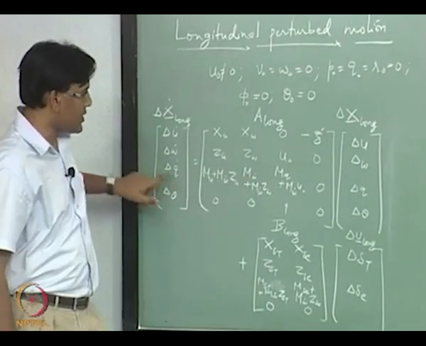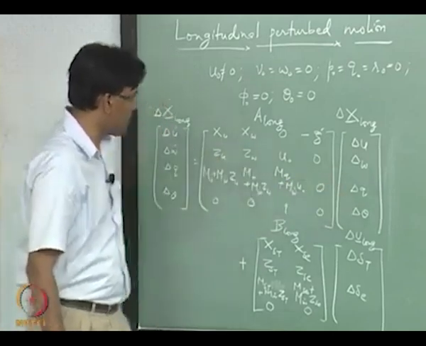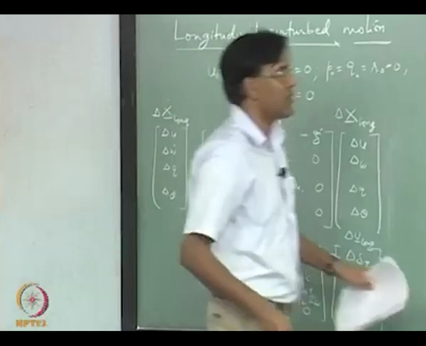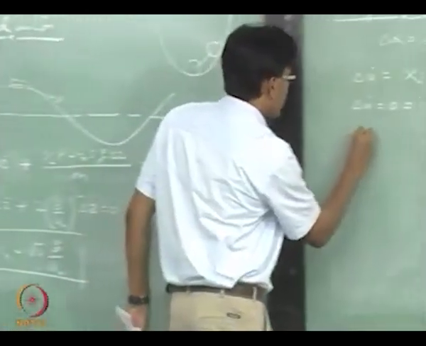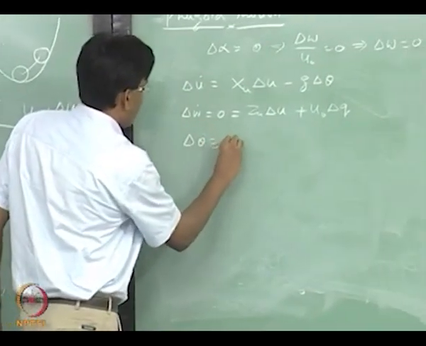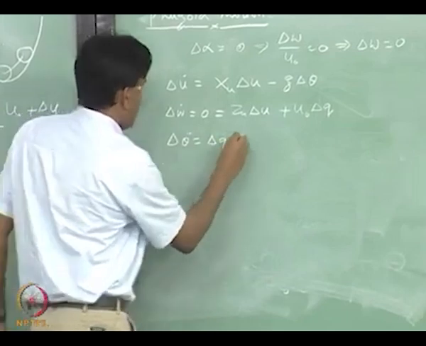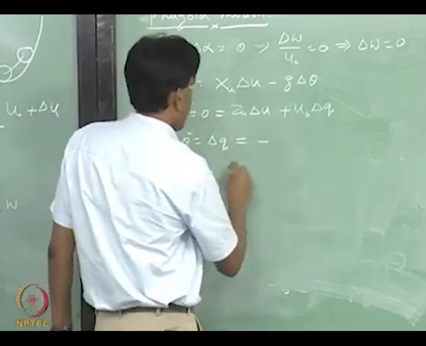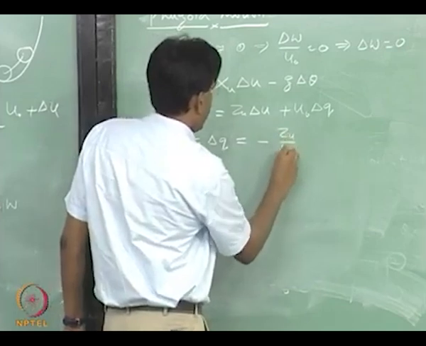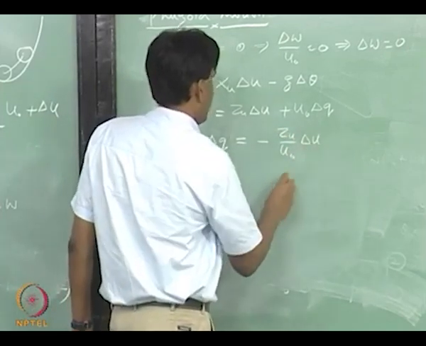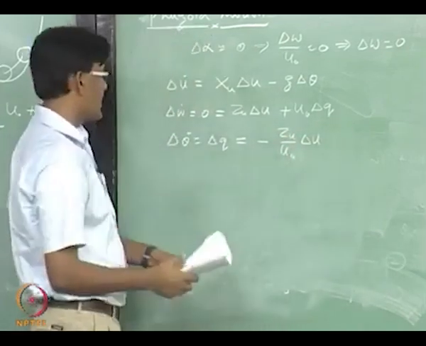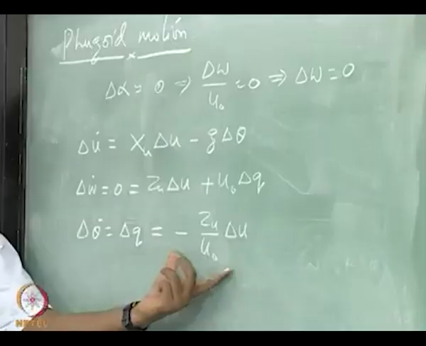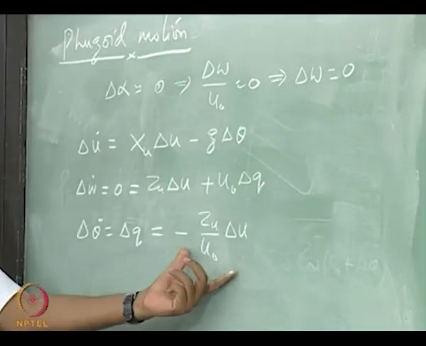So, delta Q dot is 0, delta Q is 0, delta W is 0, and the fourth one gives you, so this I use to arrive at this, okay.